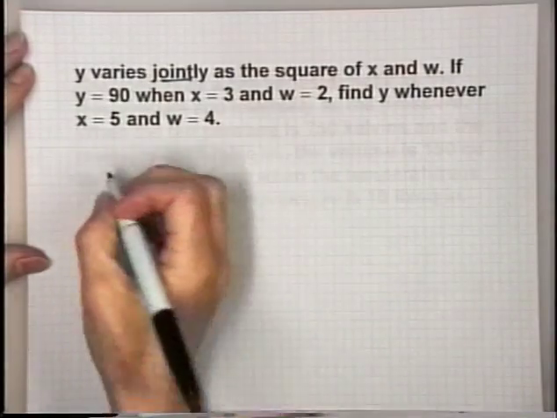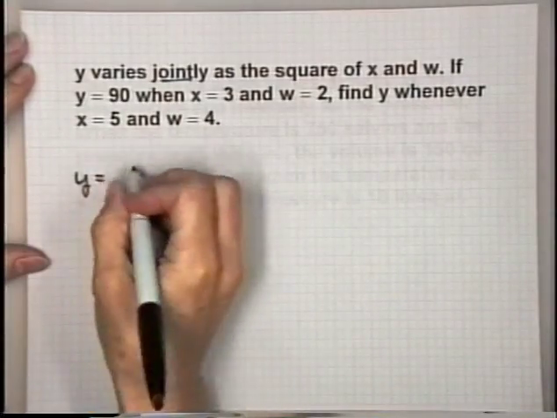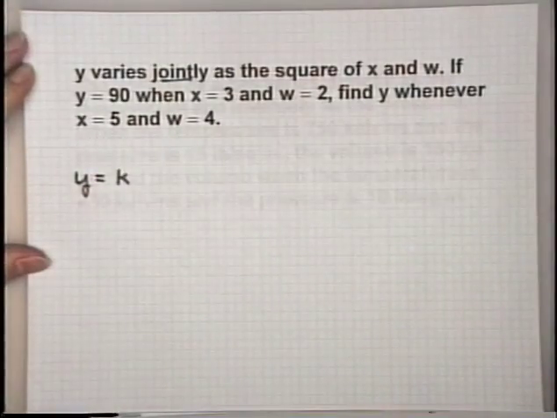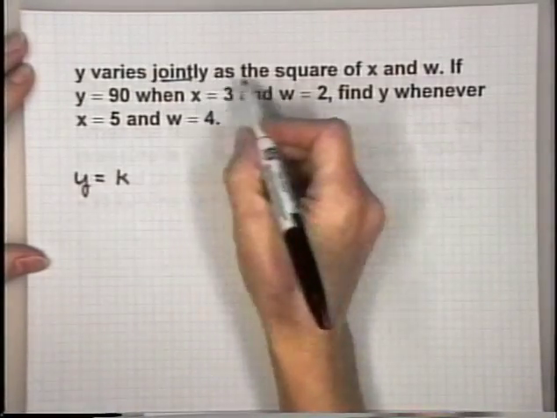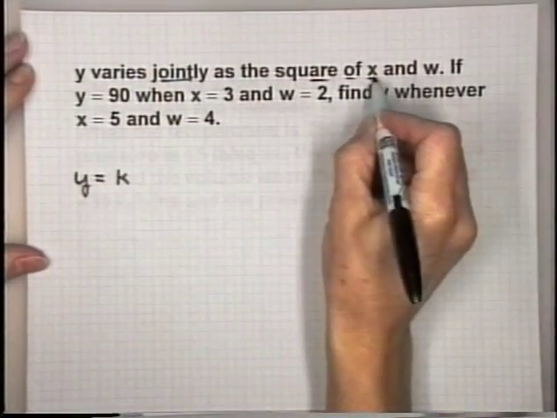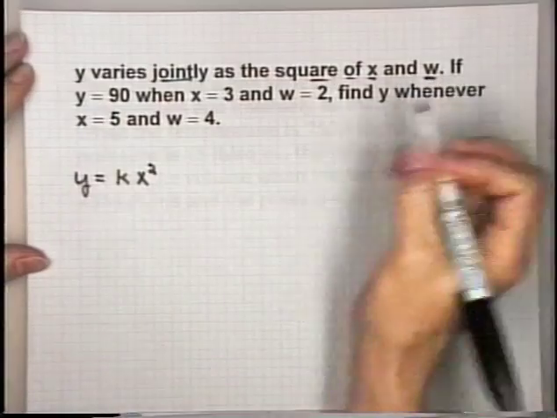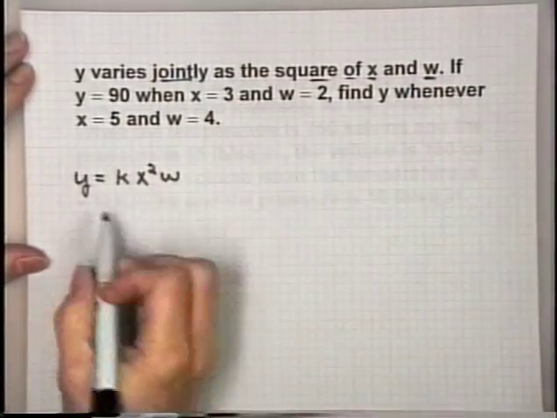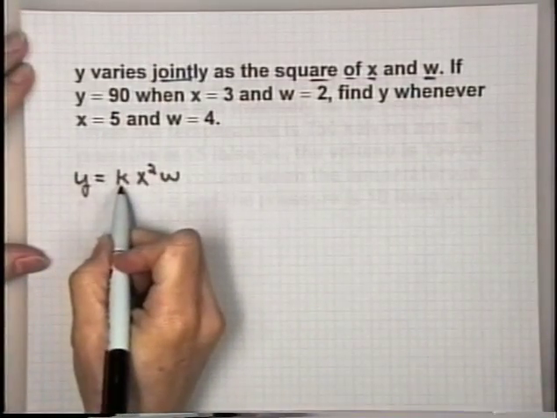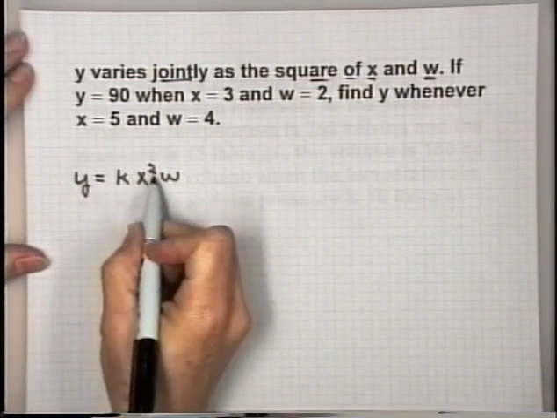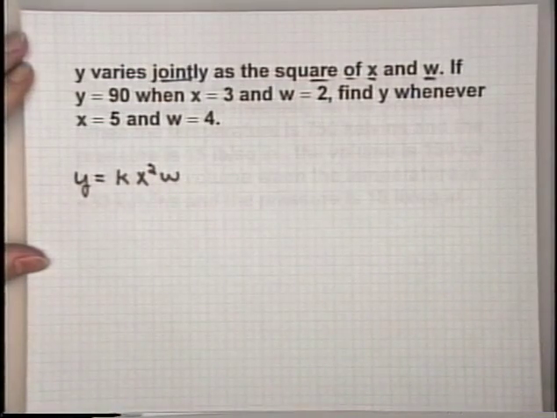So y varies, y equals, since this is a variation, we need a constant of variation, a k. What does it vary jointly as? Square of x is one of those, so times x squared, and then also w. So my equation is going to be y equals the constant k times x squared times w.